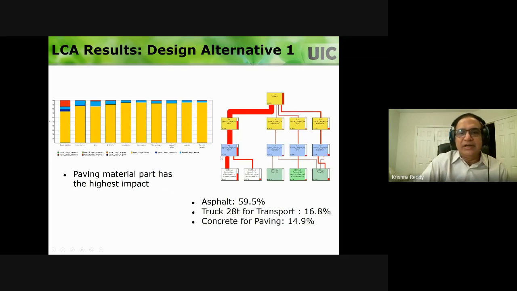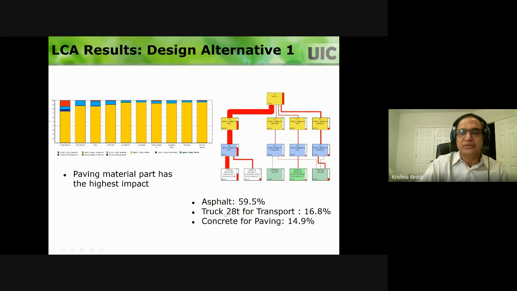So then in LCA, you can look at, okay, I'm getting this paving material, and which paving material is giving me impacts in this one. So you can look at detailed information about what specific components of your system are contributing. So here, asphalt is contributing 59.5%.